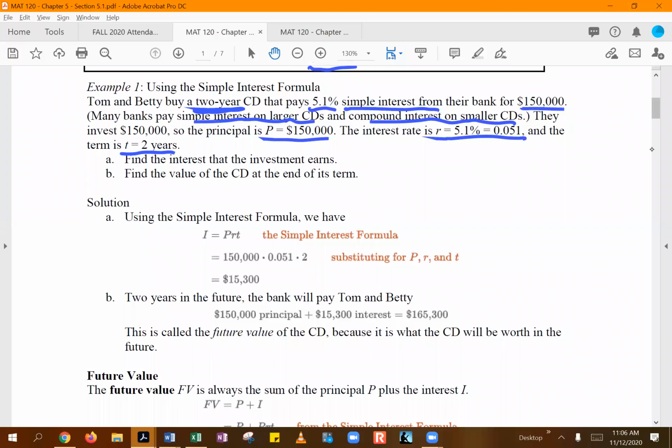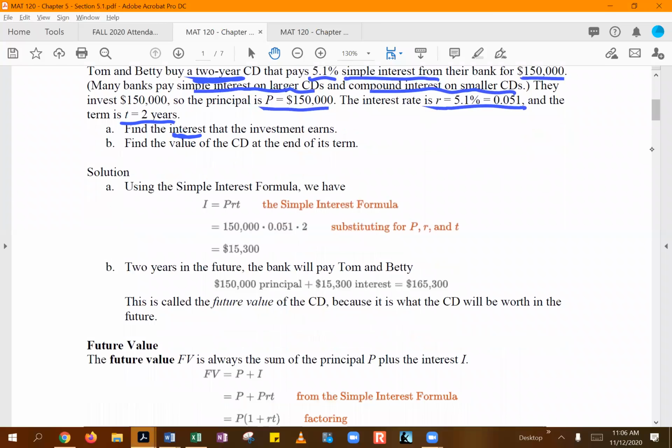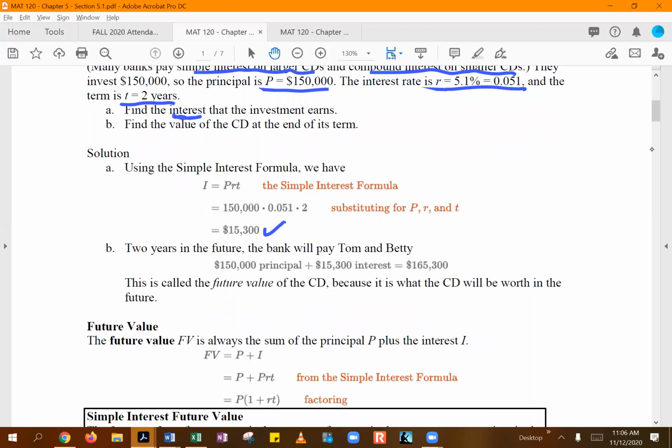So they're asking us to find what the interest dollar amount is going to be. That's your formula, I equals PRT. Multiply the 150,000 with the rate of interest of 0.051 for 2 years, and at the end of the 2 years, our $150,000 will have earned $15,300 in interest.